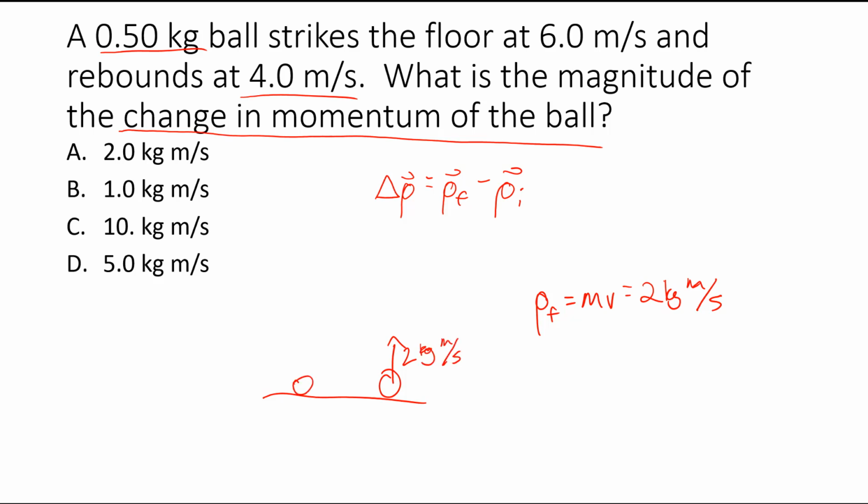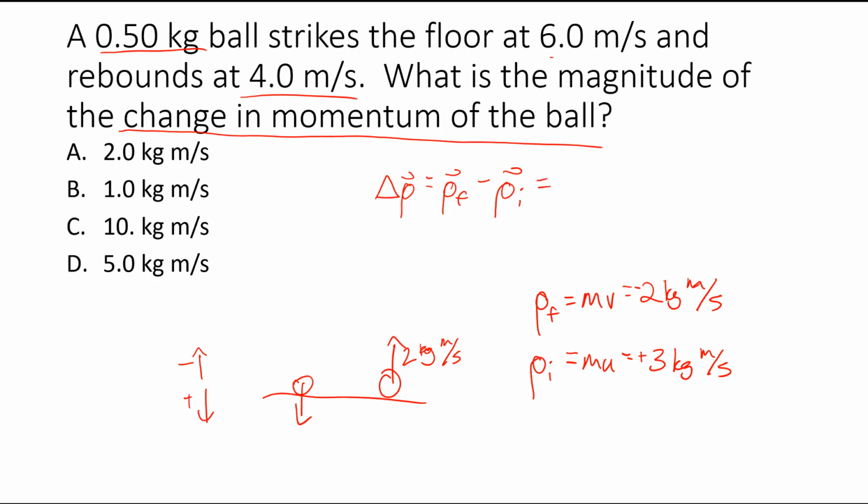And when it struck, it was going at 6 meters per second, so our initial momentum is mu, 6 times 0.5, which was 3 kilogram meters per second. Now, one thing that we've messed up here is we changed direction, so we need to take into account the direction change. I'm going to say down is positive. That means up is negative. So my initial momentum was positive and my final momentum is negative.